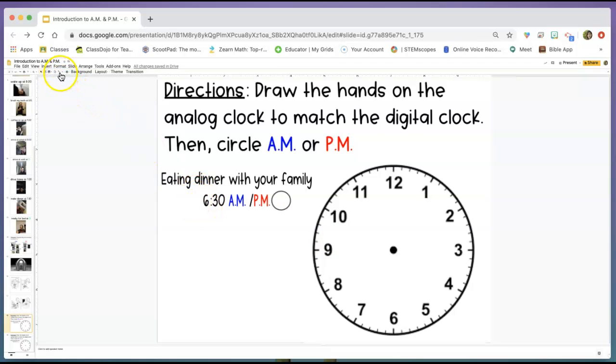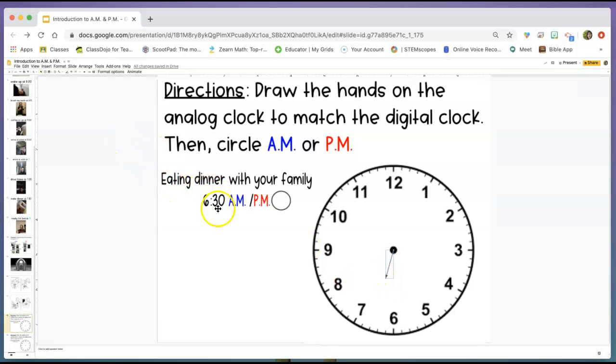So I'm going to use that tool that we used yesterday in our lesson. And I'm going to draw a short hand, or the hour hand, in 6's room. And 6's room is going to be in between 6 and 7 because that hour hand is trying to get to 7 o'clock, but it's not there yet.